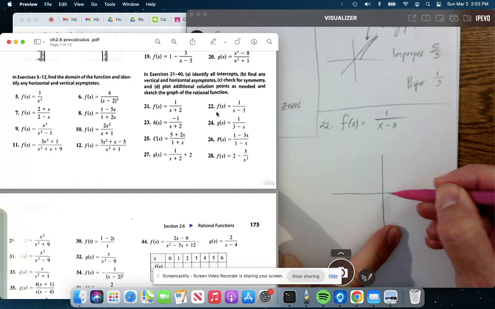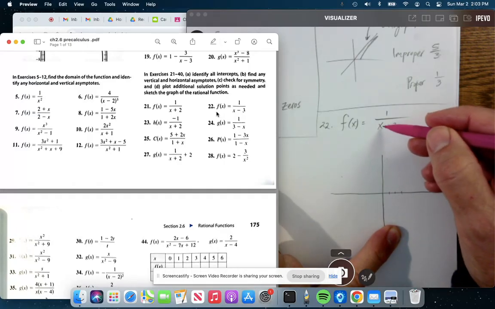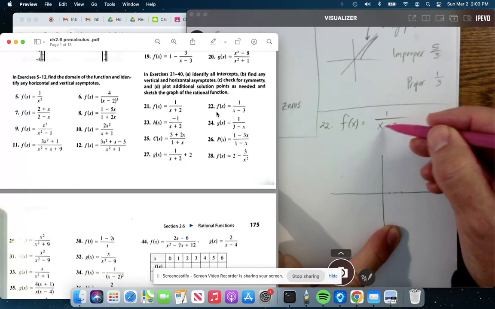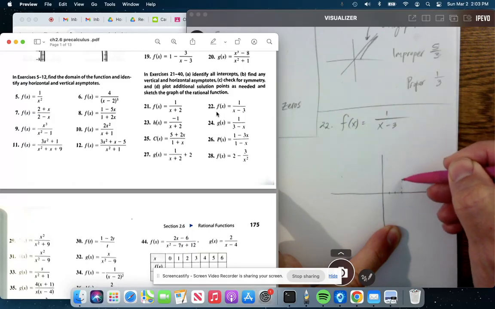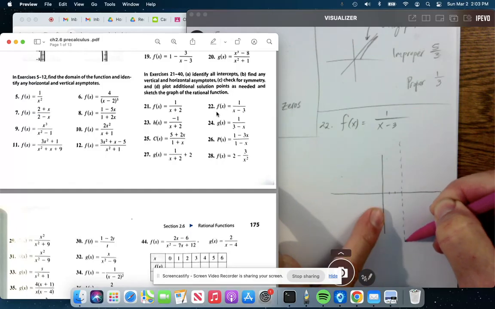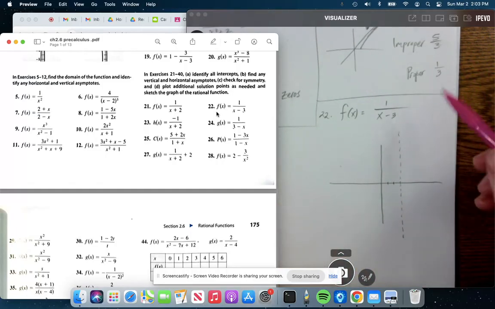So if I go out here to 1, 2, 3, since 3 makes the bottom 0, and there's no x minus 3 up here to cancel with, this is a vertical asymptote.